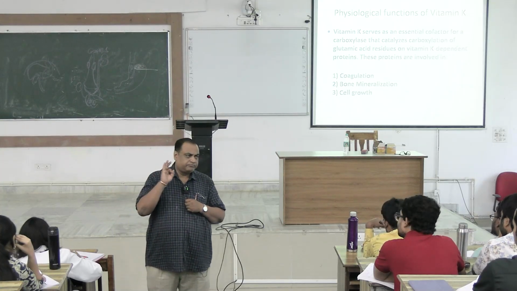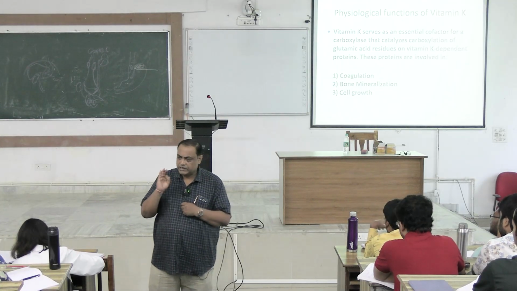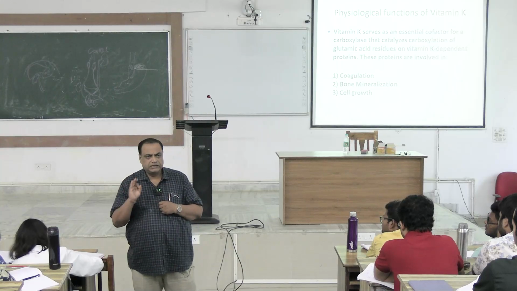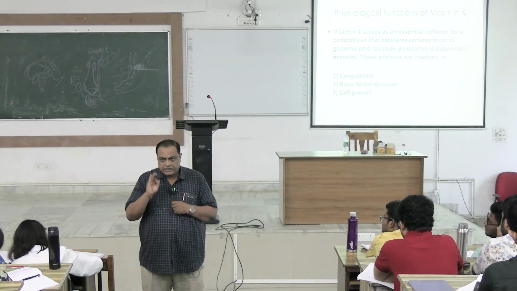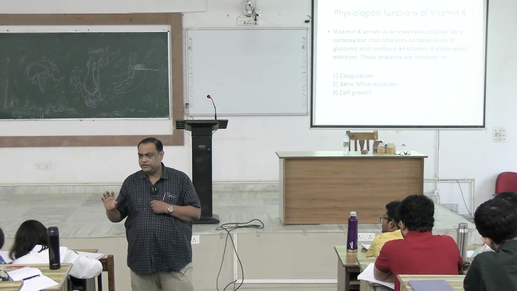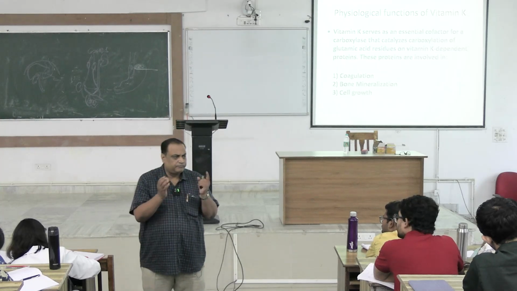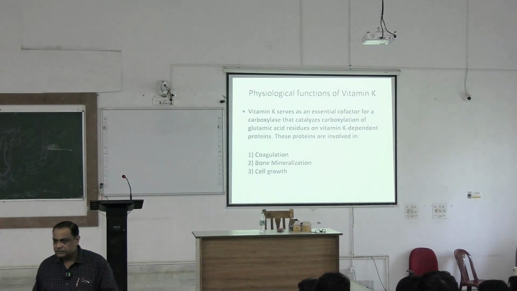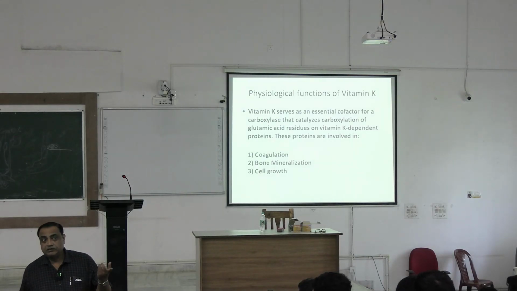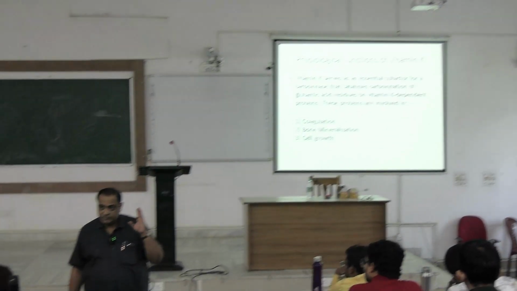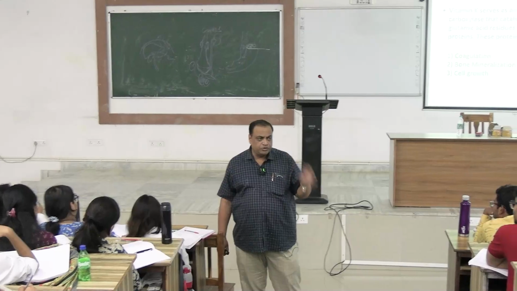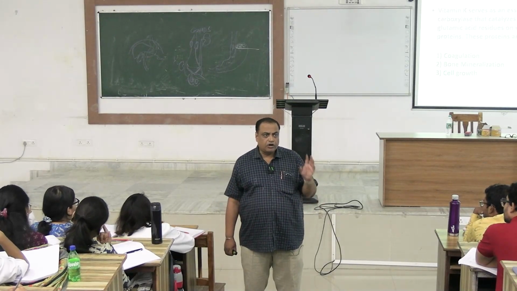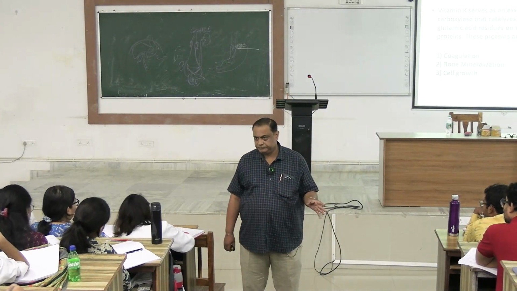The first and foremost criterion for bone mineralization is to increase the calcium concentration within a small region of bone tissue, and that is achieved by the presence of certain proteins which are specialized to be found in bone tissue, and they are all gamma carboxylated.